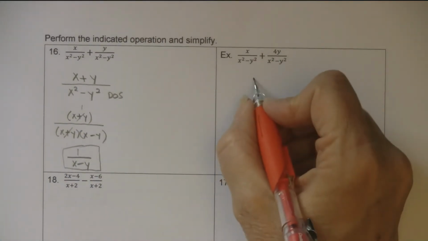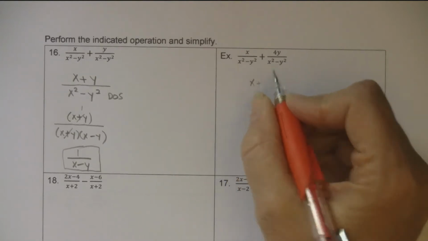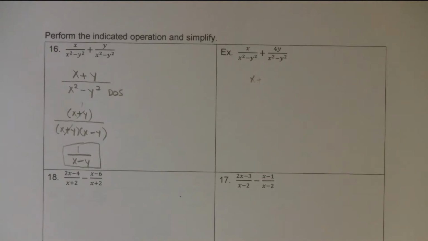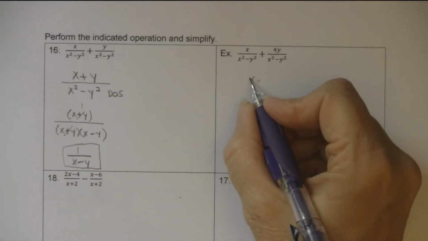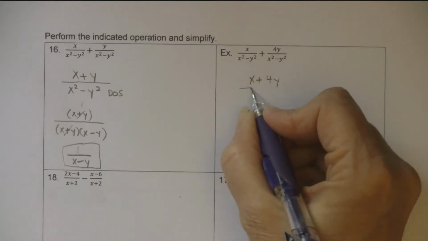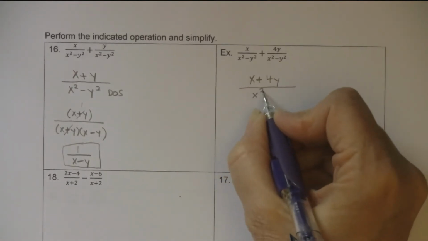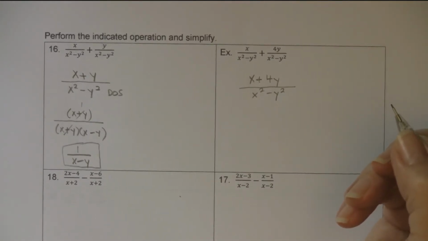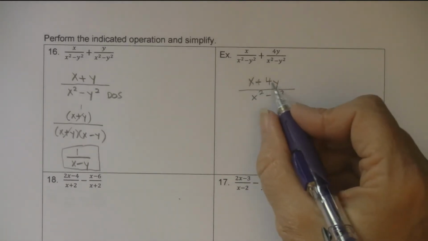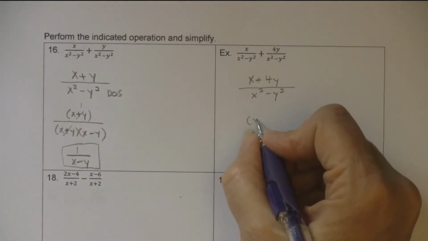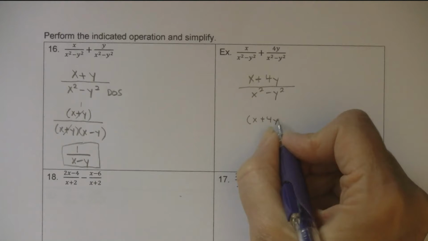So here I would have x plus 4y over the same denominator, x squared minus y squared. And so the same thing: the numerator still doesn't factor, just like it didn't factor here. So you could put parentheses around it if you wanted.